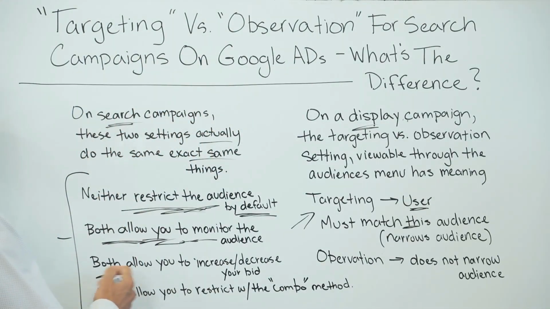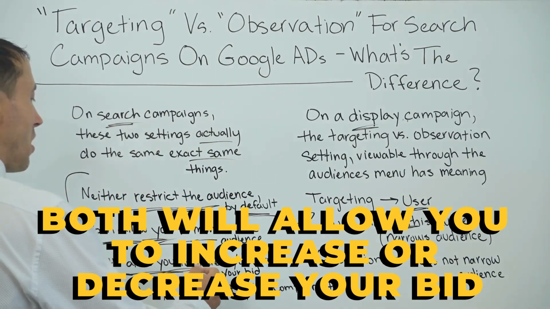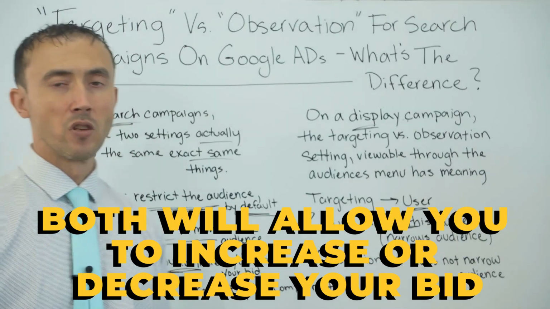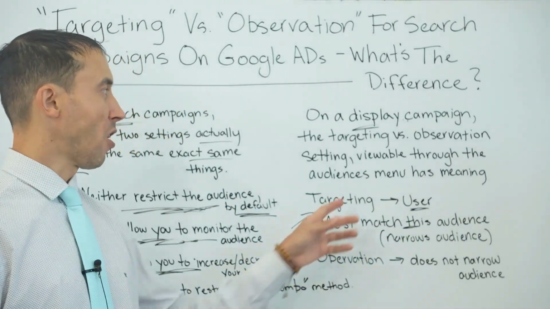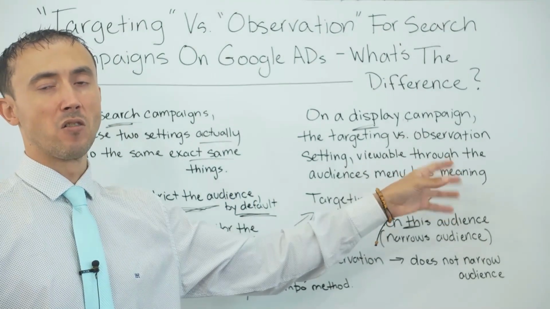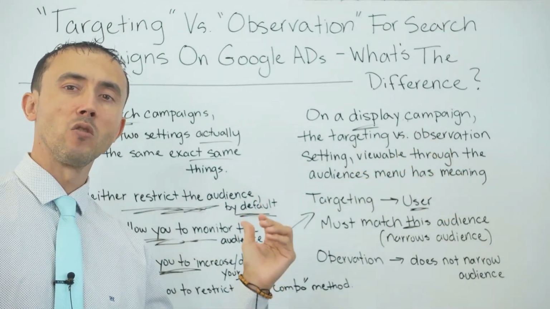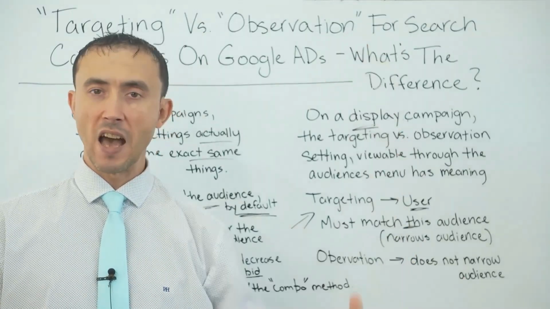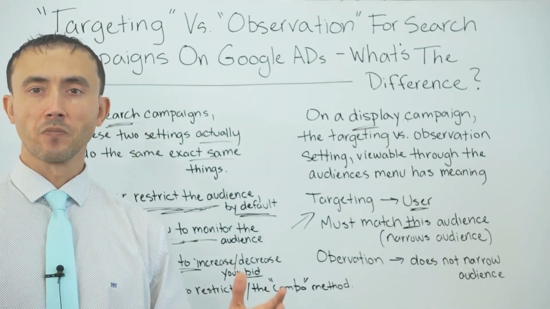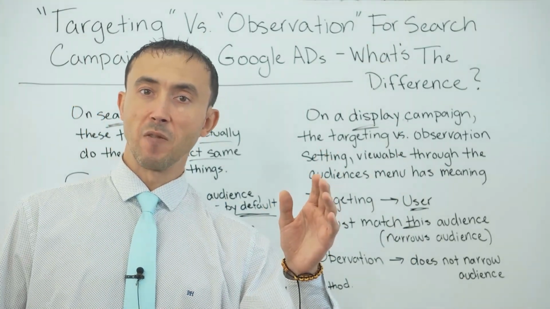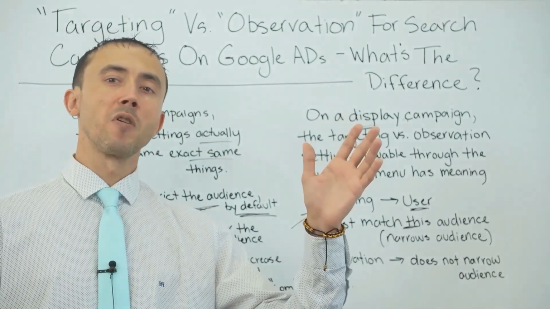And then the third thing to mention here is both will allow you to increase or decrease your bid, just like the targeting option on a display campaign would do for you. Here you can also use it to do bid adjustments up or down, whether something converts less than average or above average.